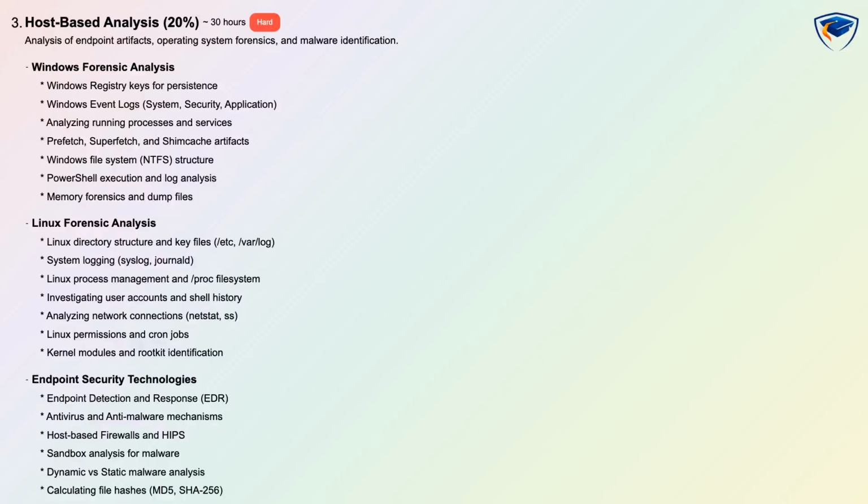Linux analysis topics include directory structures, syslog and journald, the proc file system, shell history and cron jobs, kernel modules and rootkit detection, and you will also study endpoint security technologies such as EDR, antivirus, HIPS, sandboxing, static and dynamic malware analysis, file hashing, and DLP.